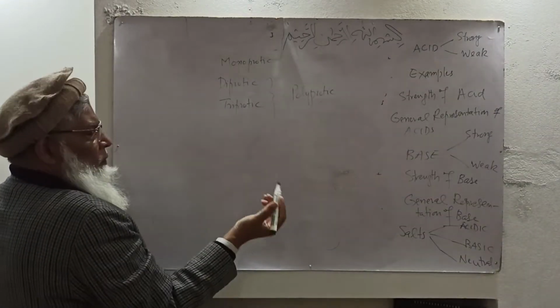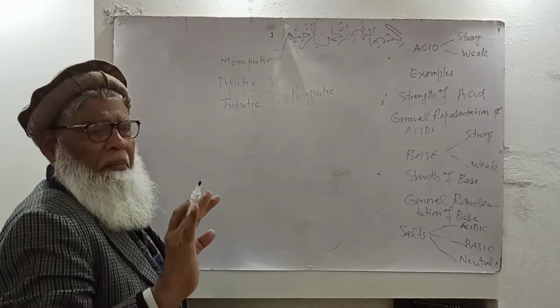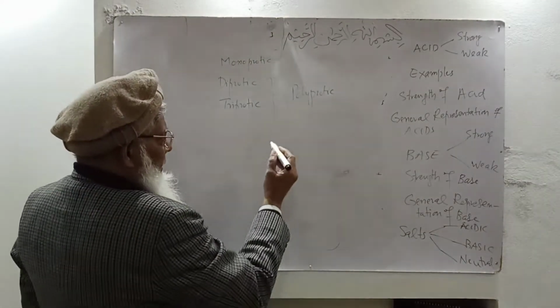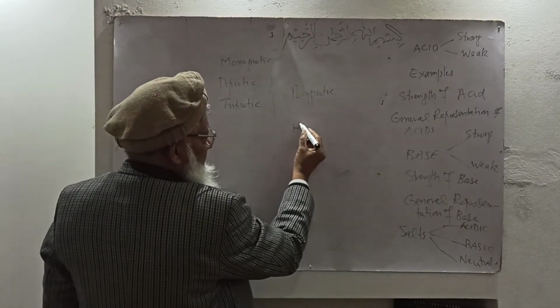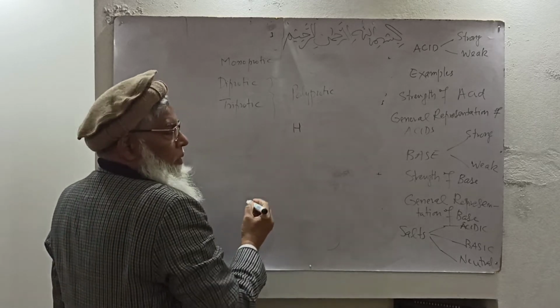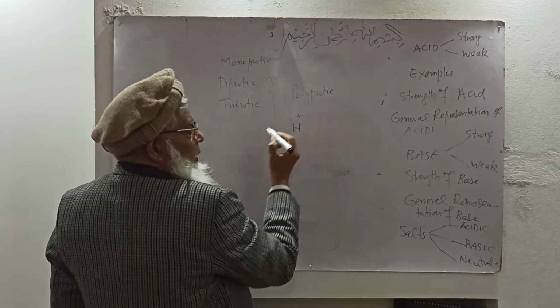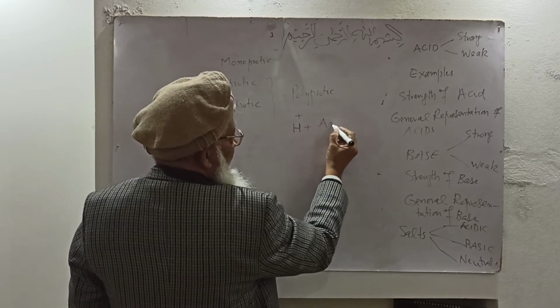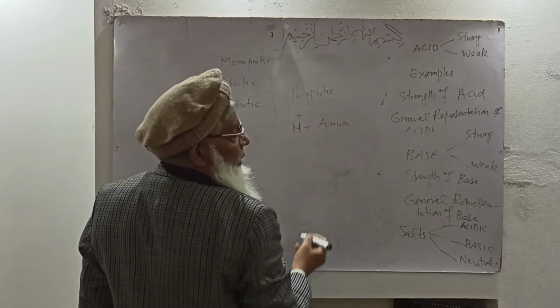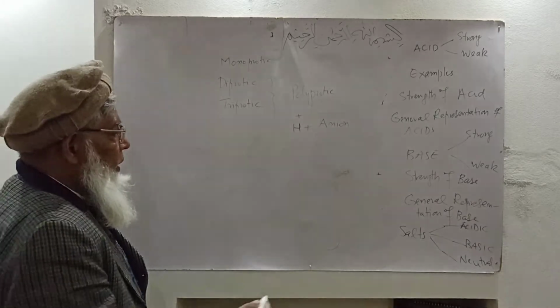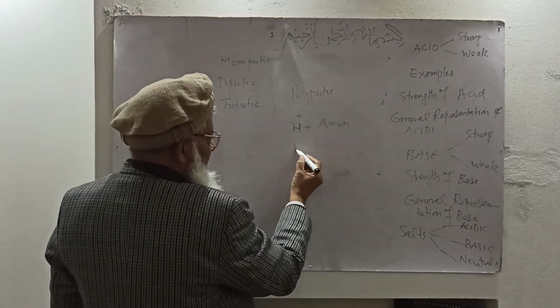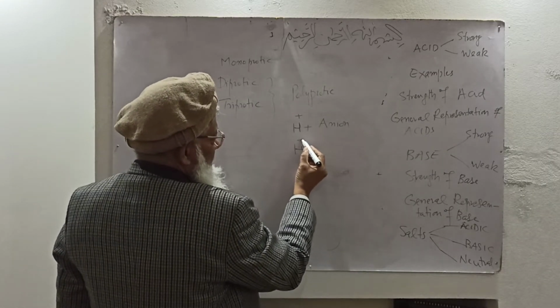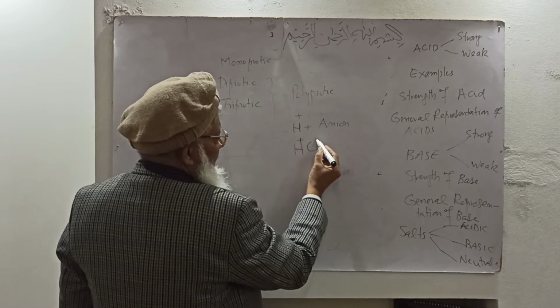Now whatever the acid may be, the acid has H positive, that is a proton. The other component may be an anion, a negative ion. In case of HCl, H positive, Cl negative.